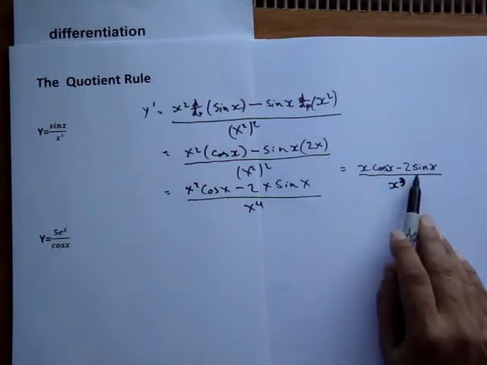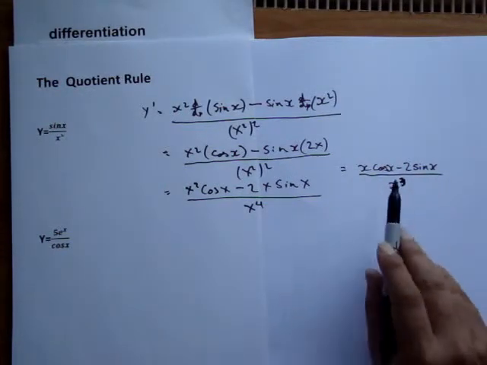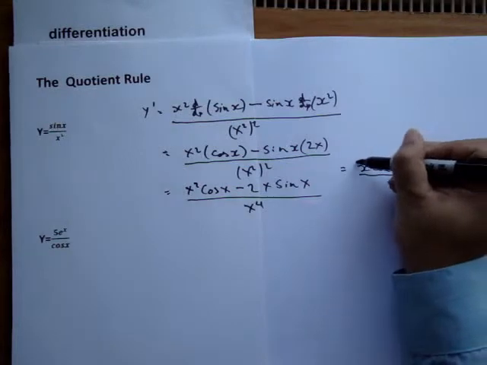So it's x cos x minus 2 sine x over x cubed.